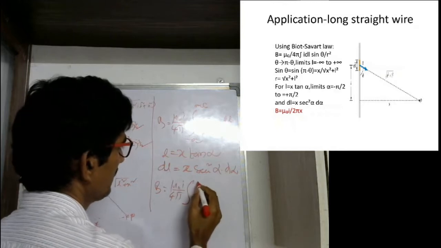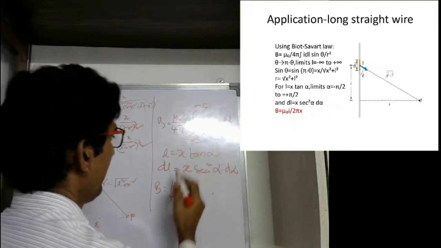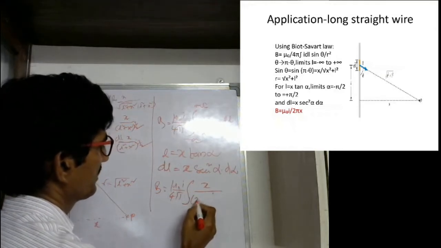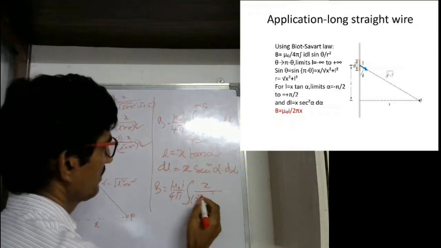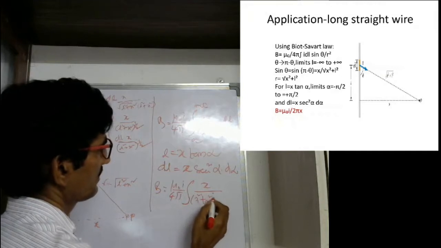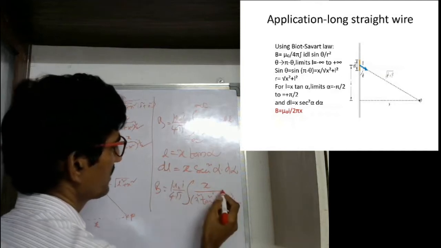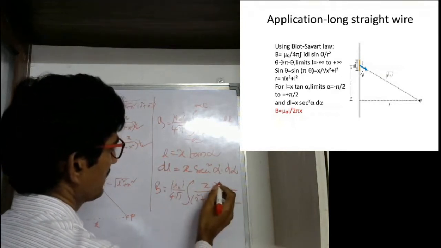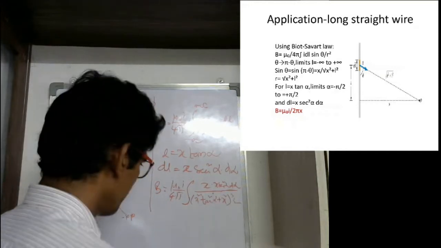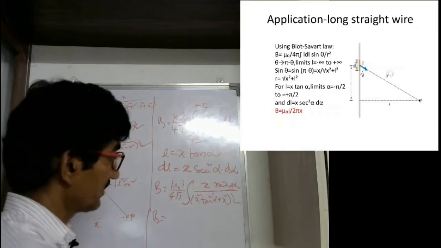L square is x square tan square alpha plus x square to the power 3 by 2, and dl is x sec square alpha d alpha.